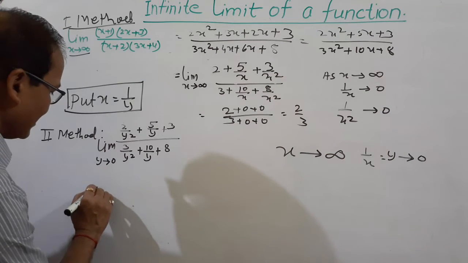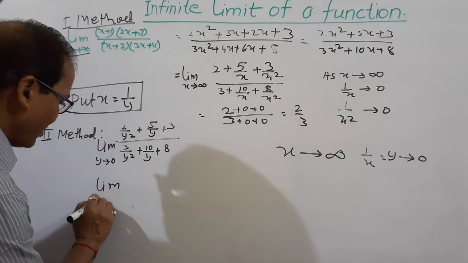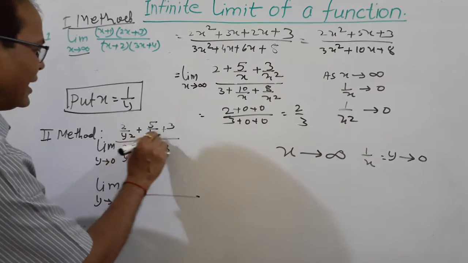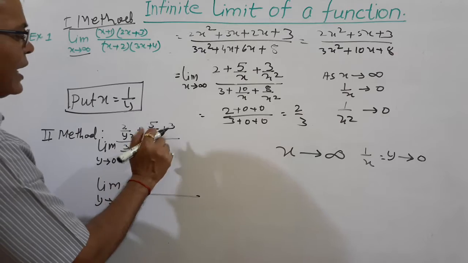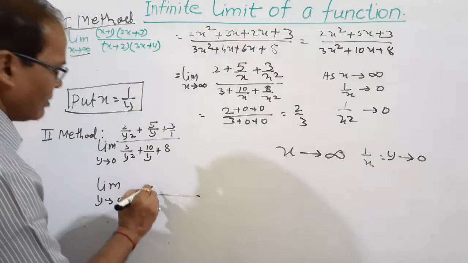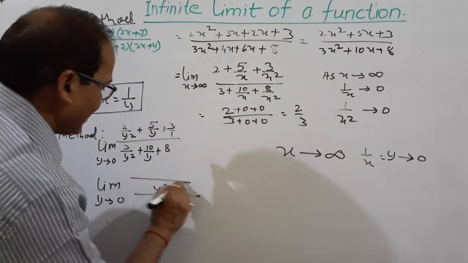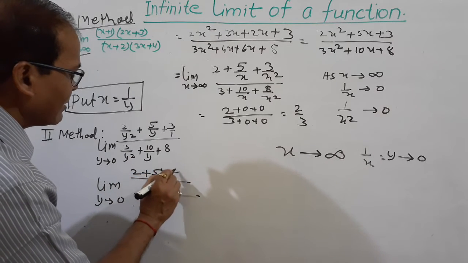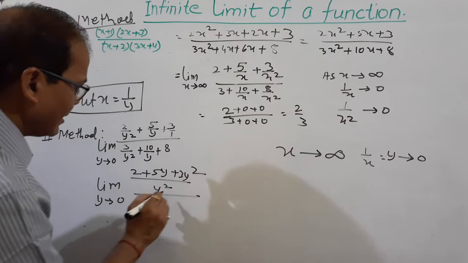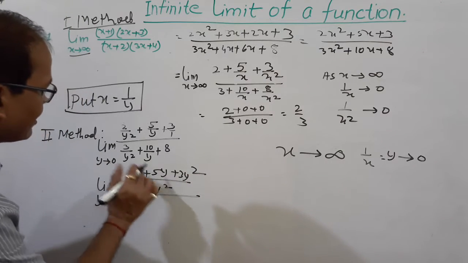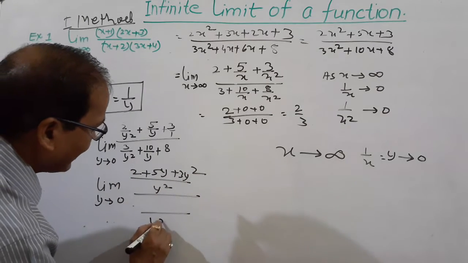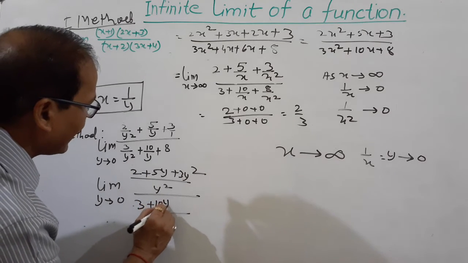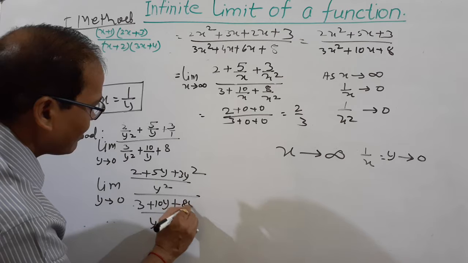Then we simplify. The limit as y tends to 0, numerator LCM y square, and you will get 2 plus 5y plus 3y square, divided by, in the denominator also y square, 3 plus 10y plus 8y square.